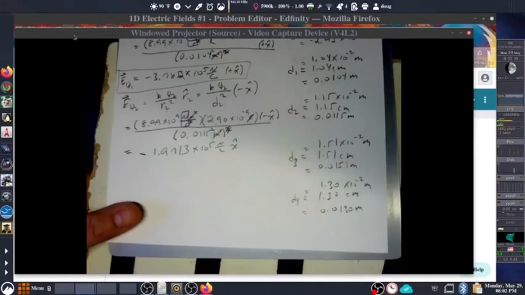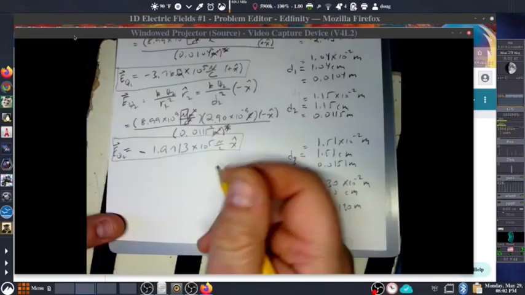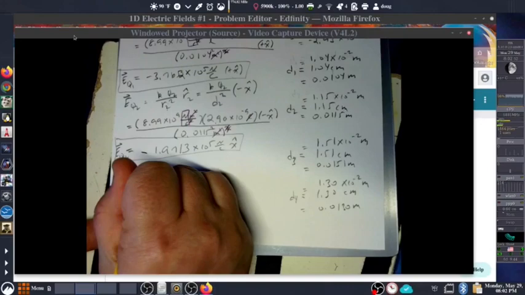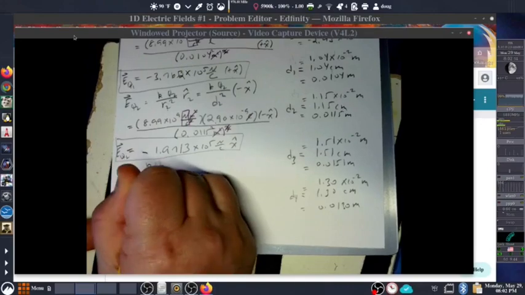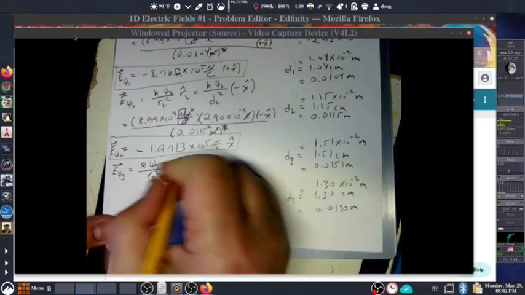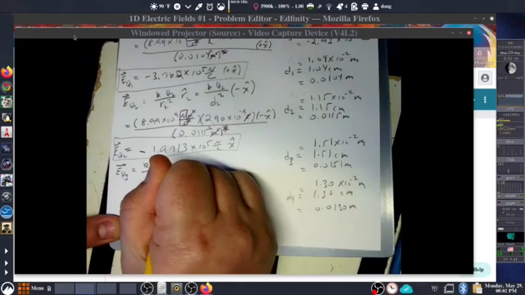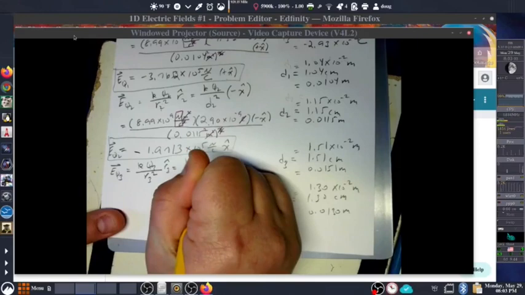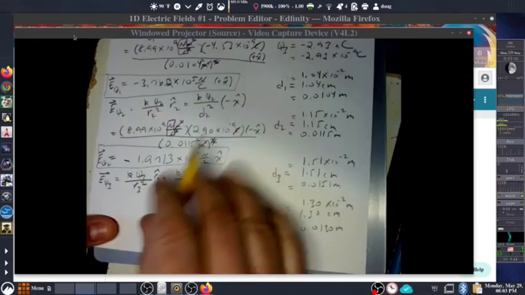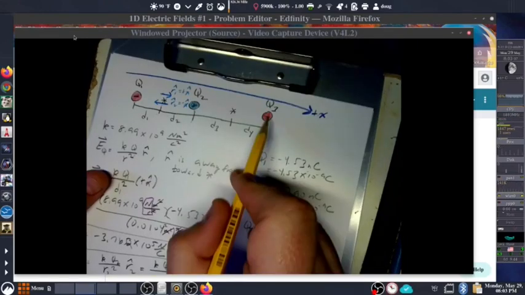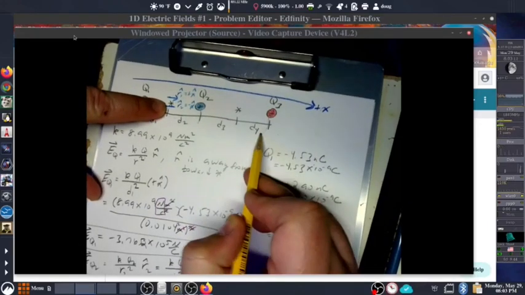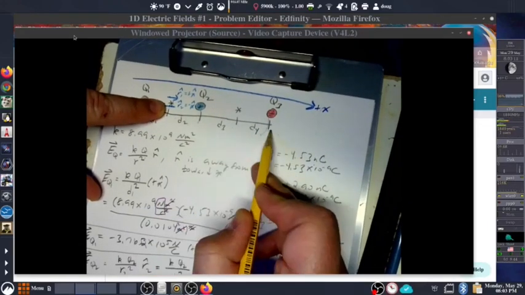Now the electric field from Q3, and K Q3 over R3 squared R3 hat. Okay, R3 is the distance from the charge to the field point. So that's going to be D2 plus D3 plus D4.